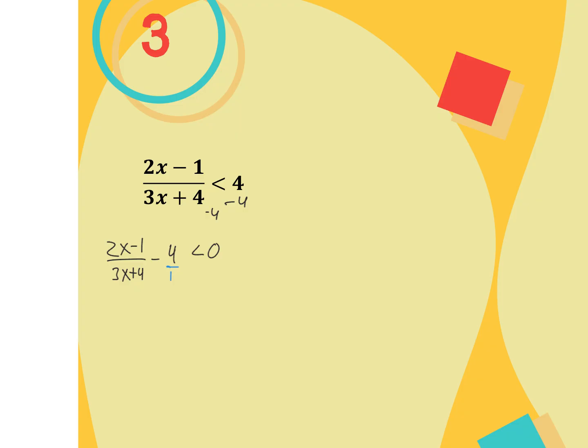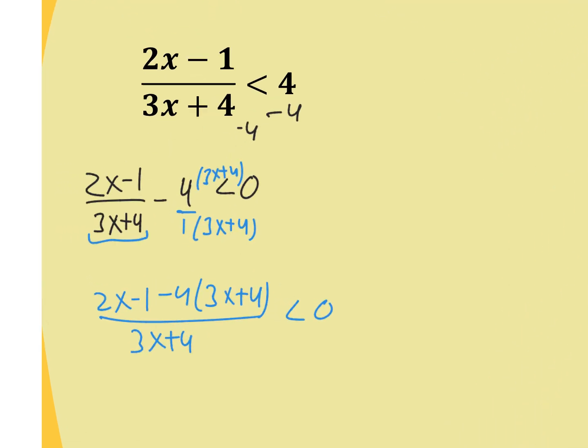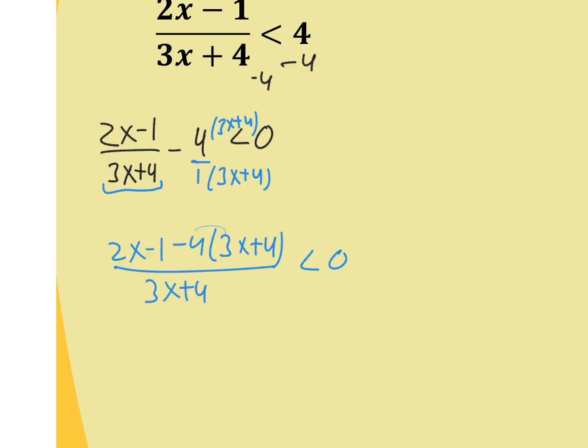And then I can multiply the top and the bottom by what's missing. It's missing a 3x plus 4. All right, and then we're left with 2x minus 1, I have a minus 4 times (3x plus 4), all over a common denominator of 3x plus 4, less than 0. Now let's simplify this as much as we can.